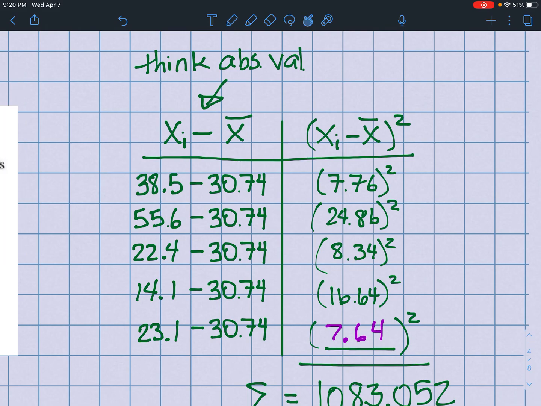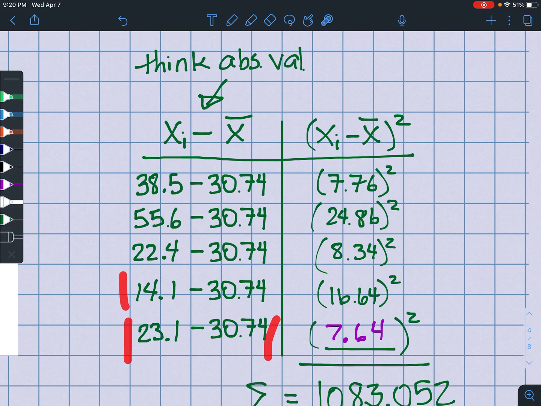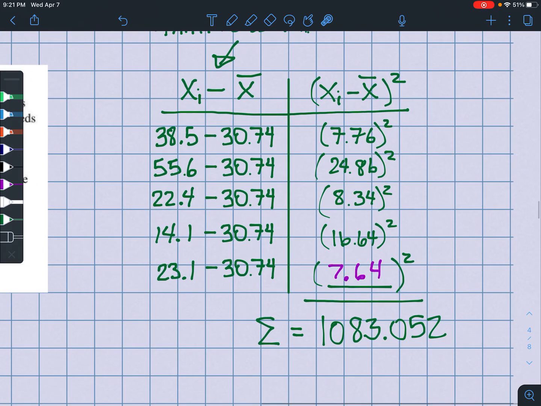So that's why I wrote up here, think absolute value. Okay, so each one of these, I'm taking the absolute value of it. And the reason is because I square it, I lose whether it's positive or negative. And then these numbers here, I'm going to now add them all up after I square them, right? And that's going to give me 1083.052. You can check me on the machine, but I think I did that right.